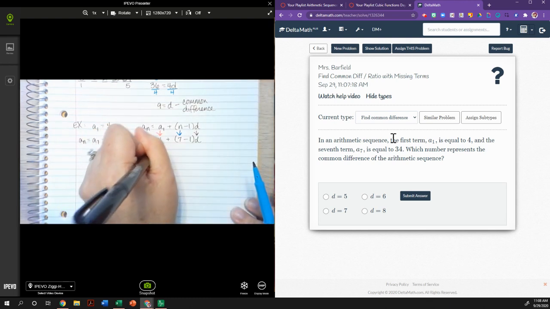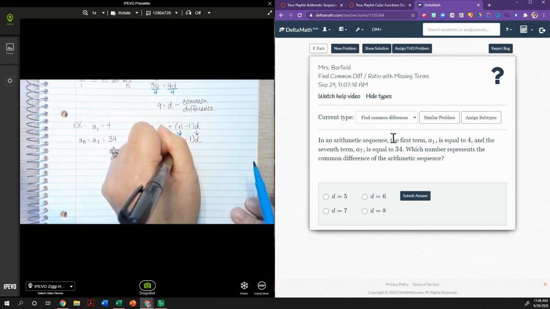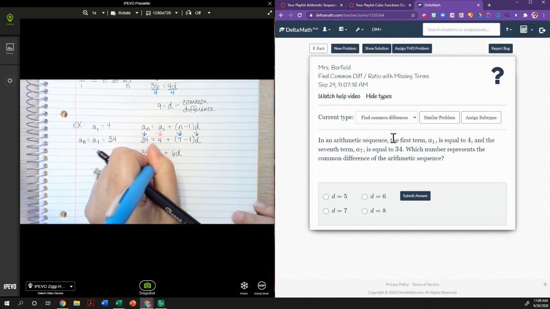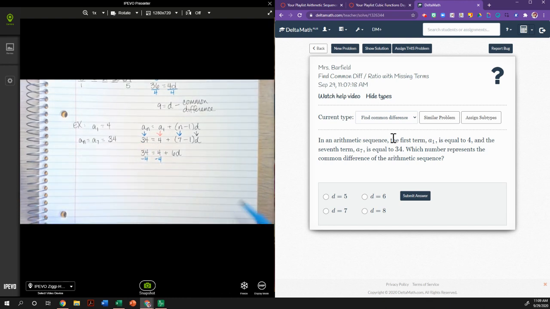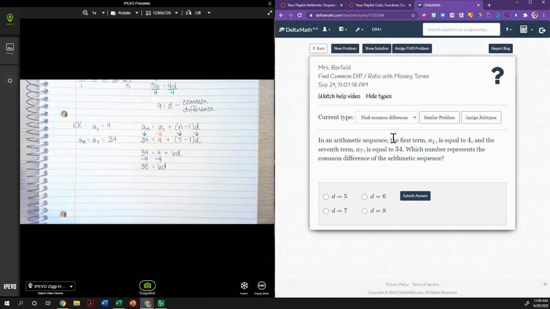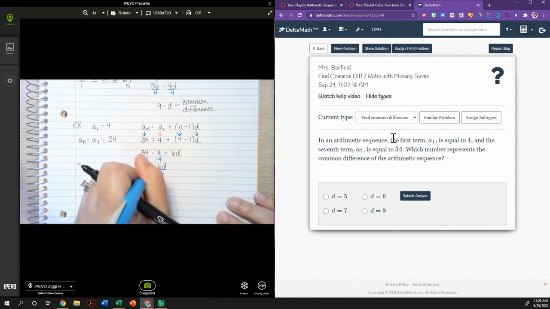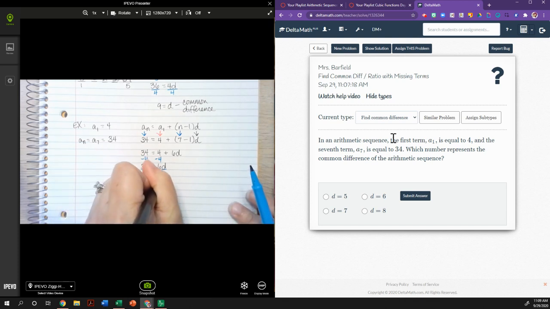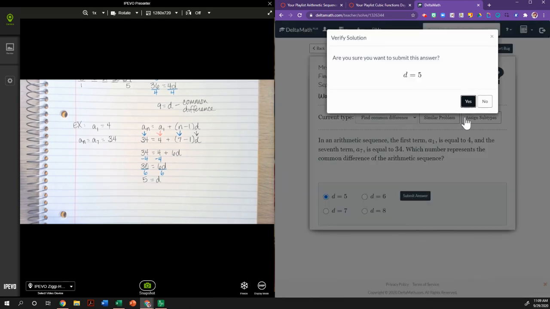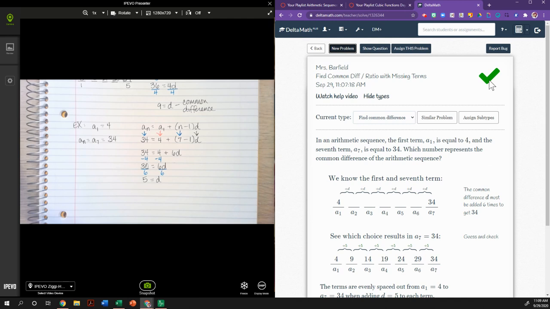So 34 equals 4 plus 6d, because 7 minus 1 is 6. Now I'm going to subtract 4, so I get 30 equals 6d. And divide by 6, so I get d equals 5. I'm going to go over here, d equals 5, submit my answer. Yes, and I got my green check.